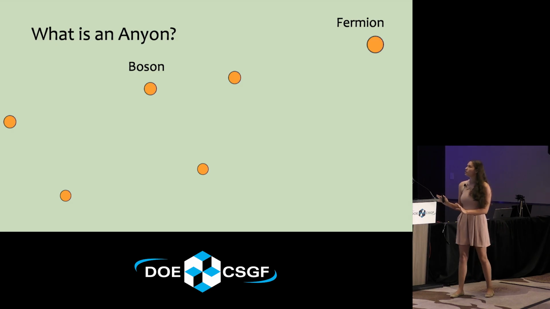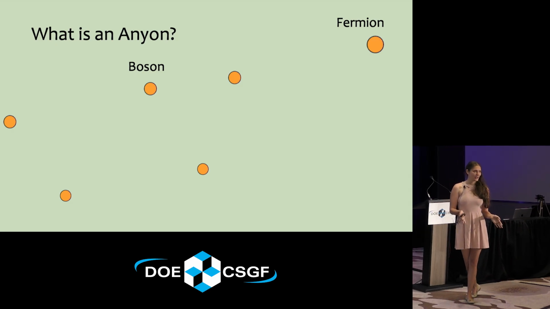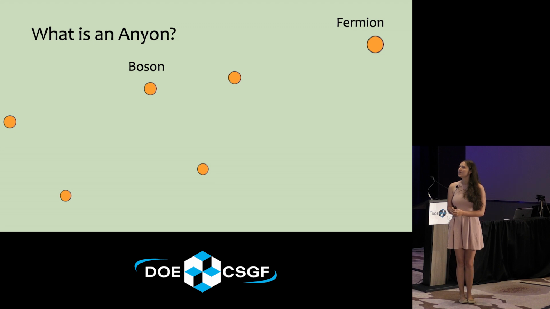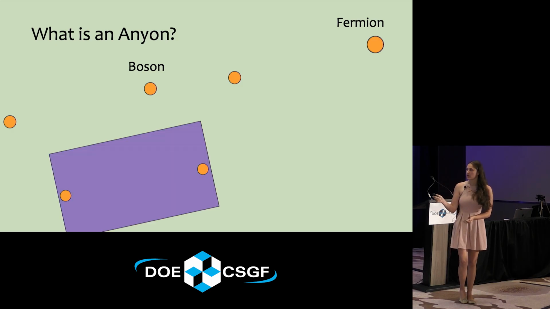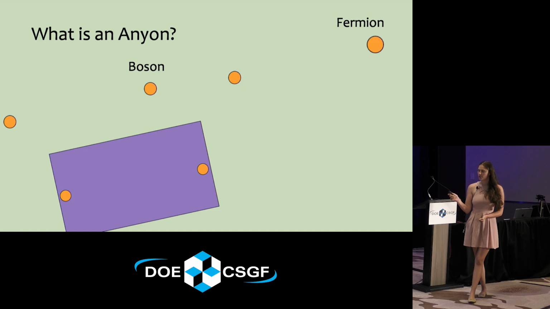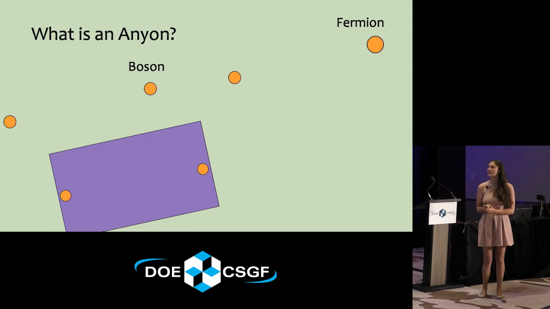And the reason these are the two types of particles you've likely heard of, if you've heard of any, is because in almost every dimension, these are the only two options. I say almost because something really unique happens in 2 dimensions. In 2 dimensions, if we take those same particles, make sure that they're stuck on like a plate or they can only move in those 2 directions, then they can become anyons.